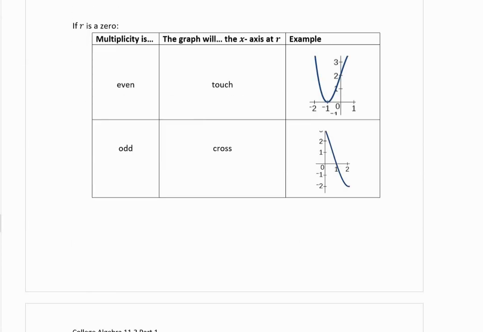Okay, so that's going to lead us into our next big thing of talking about zeros, which is, how does a multiplicity affect a zero? Well, if my multiplicity is even, it's going to make my graph just touch the x-axis and then bounce back off. If the multiplicity is odd, my graph is going to cross the x-axis.